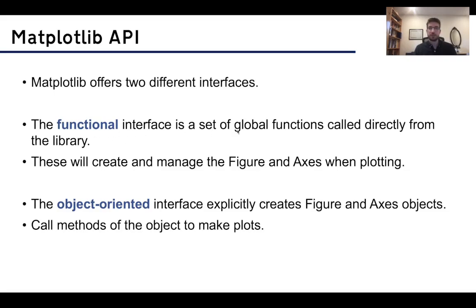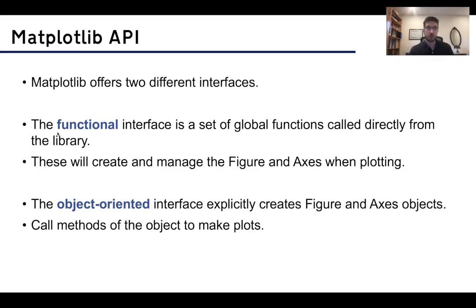The functional interface is a set of global functions, so you're just calling global functions from the library. The object-oriented interface is where you're creating the figure and axes objects. You have a figure object, you have axes objects, and you call methods on those objects to make all the plots and all the different customizations and elements of your plot that you want.